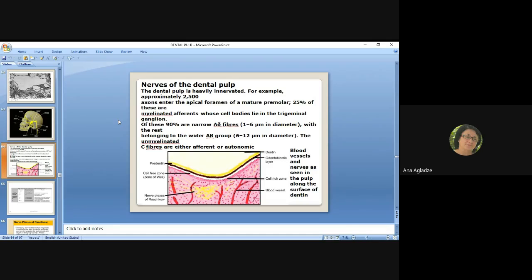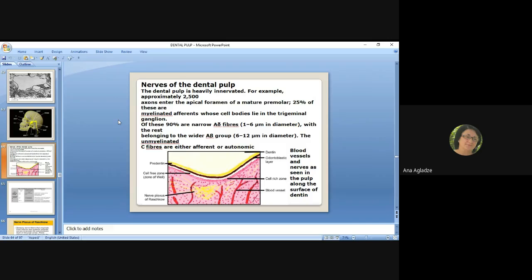Once the myelinated sensory nerves reach the periphery of the coronal pulp, they lose their myelin sheath and are merely surrounded by Schwann cells and the basal lamina. Thereafter, they can no longer be distinguished structurally from the unmyelinated fibers of the autonomic nervous system.